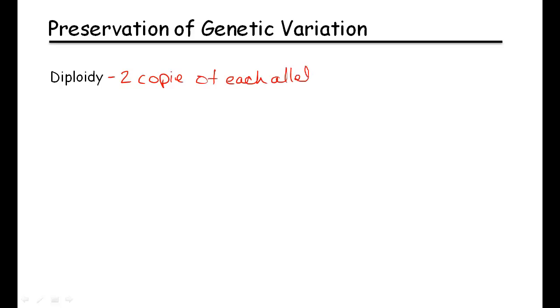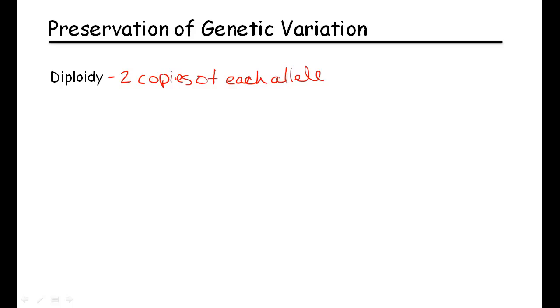Well, if we have two copies of each allele, it's very possible for a copy that's not so great to survive into the next generation. So think about the carriers that we have for a lot of genetic disorders. That genetic disorder is not a good thing, but someone can survive just fine with that one allele there as long as they have a good allele.